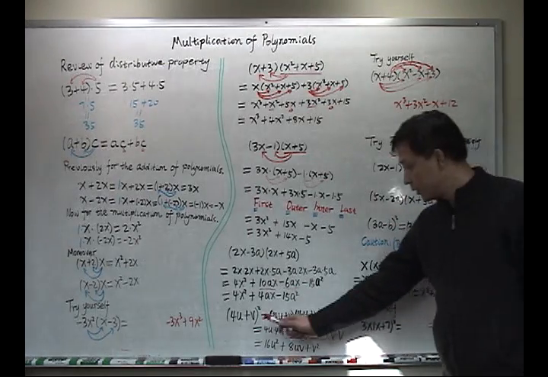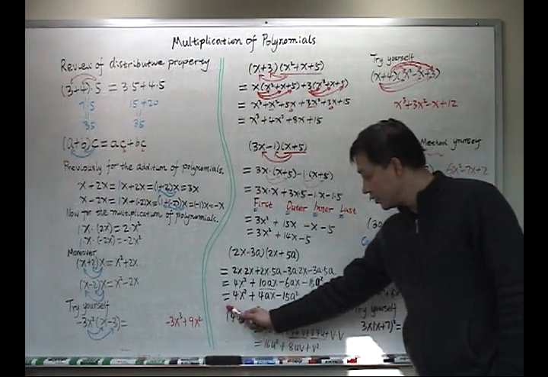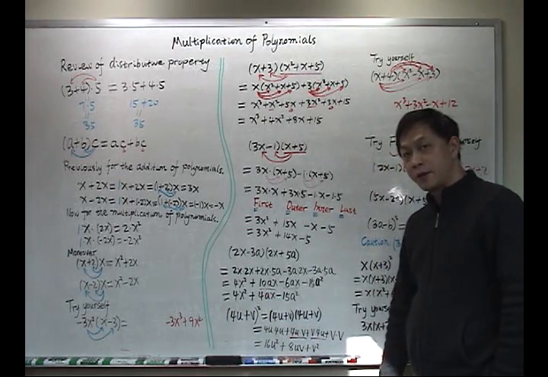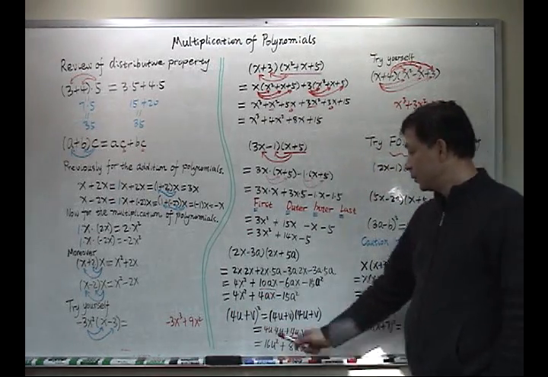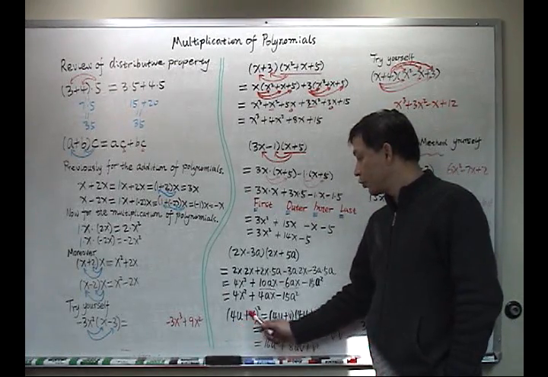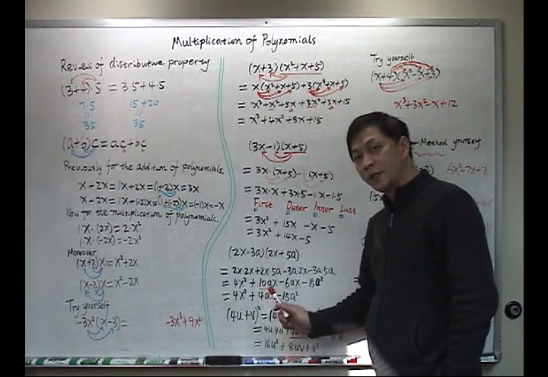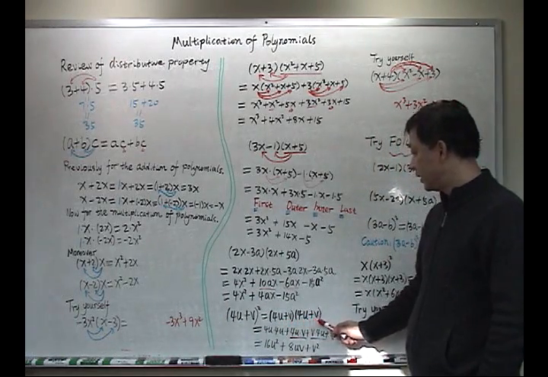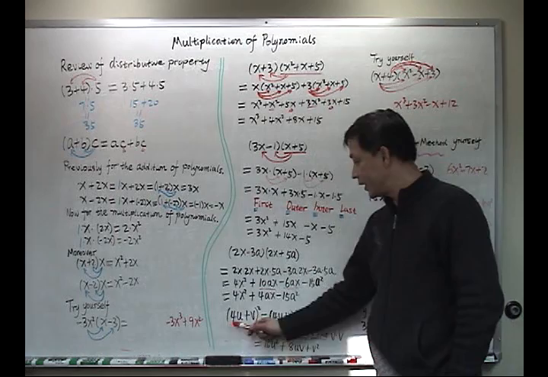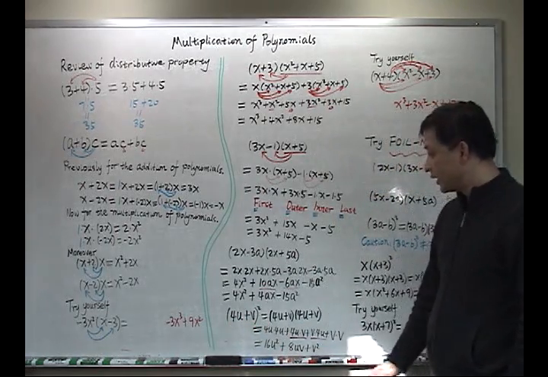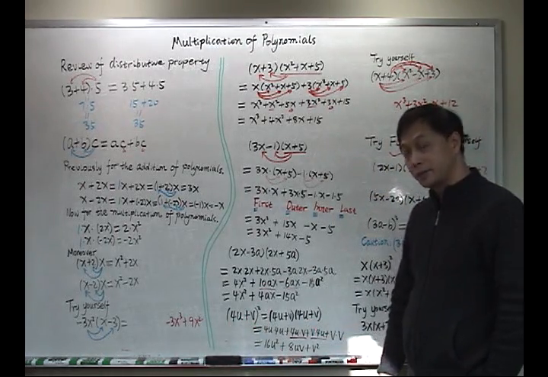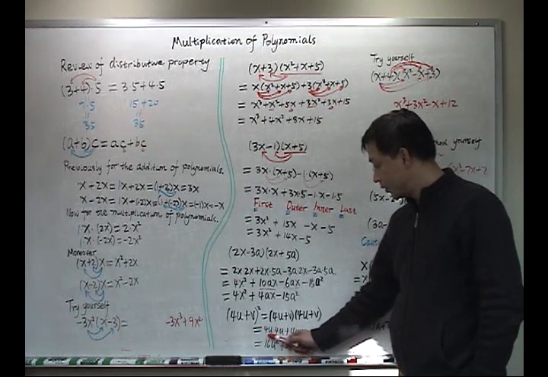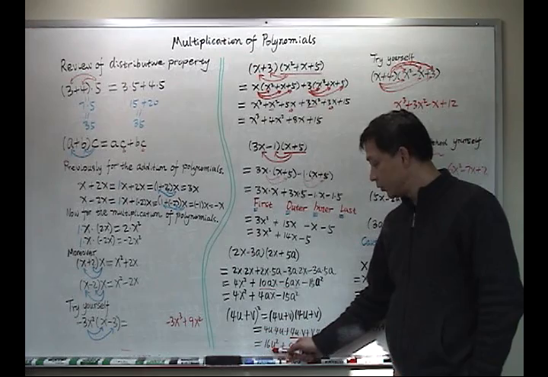Now, 4u plus v squared, how are we going to use the FOIL method? You know, 4u plus v with parentheses squared is 4u plus v times 4u plus v. There again, we can use the FOIL method. 4u times 4u is 16u squared.